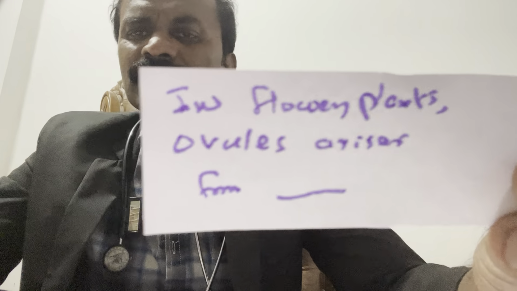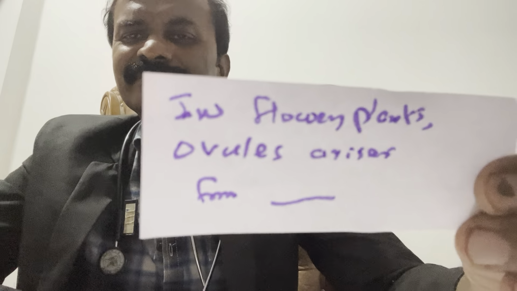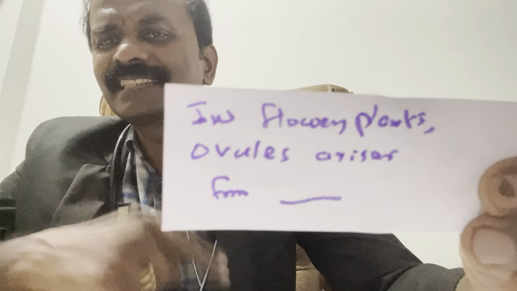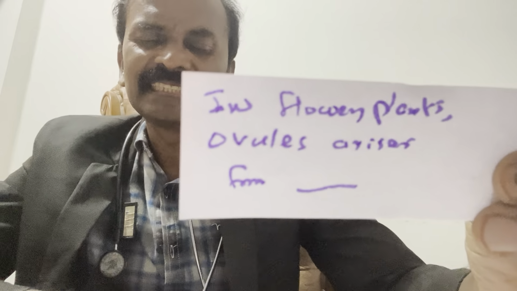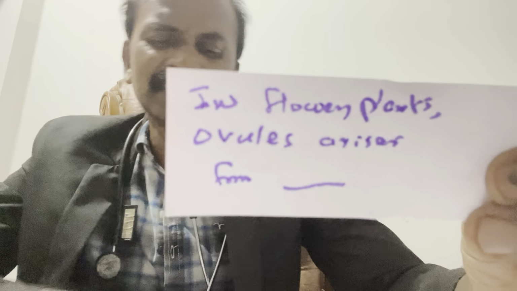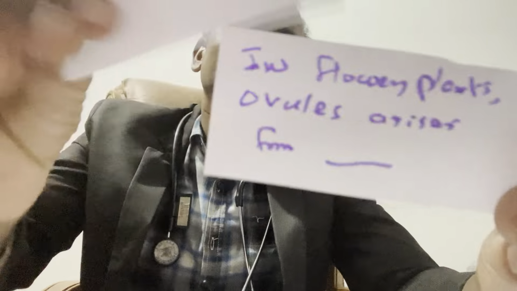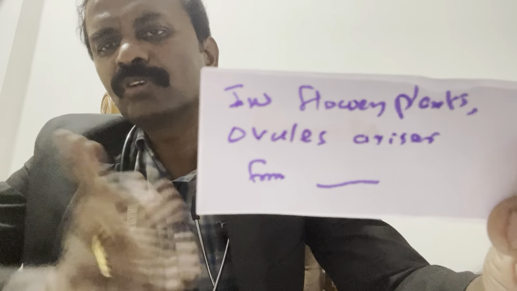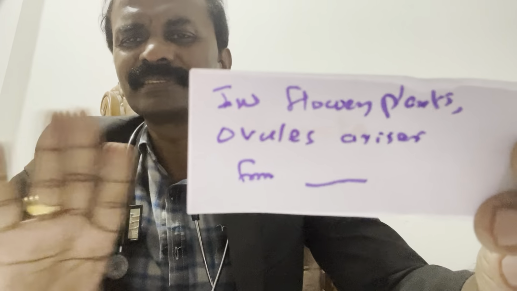In flowering plants, ovules originate from where? This MCQ was last year. In flowering plants, ovules arise from placenta. Or they will ask, placenta gives rise to what? That time you must answer ovules. Both are MCQs.